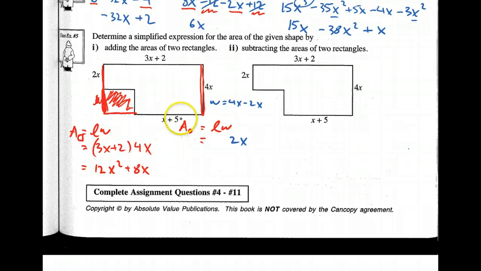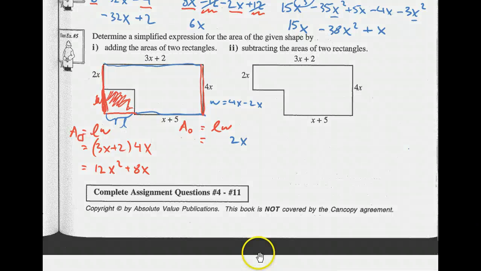And the length, well, you got a similar situation here. You have 3x plus 2, which is the big piece. I'm going to subtract away this piece to get the length over here. So I'm going to do it on the side here again.